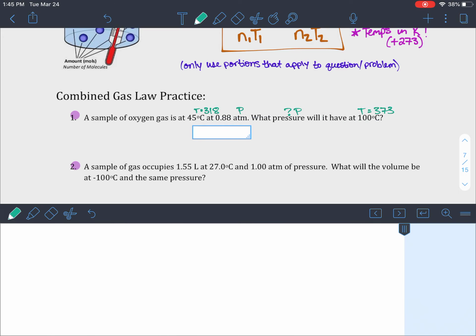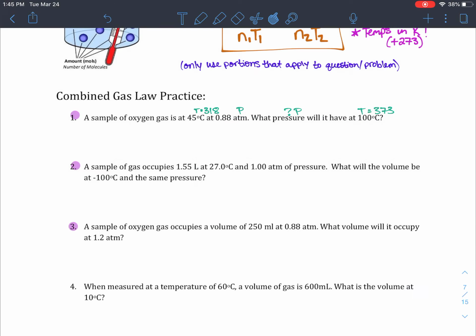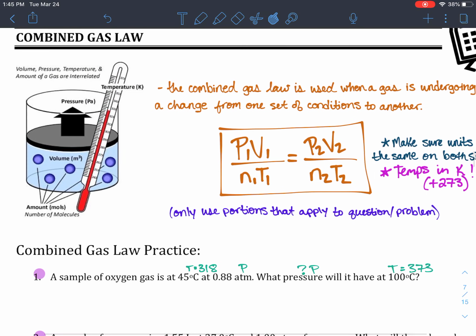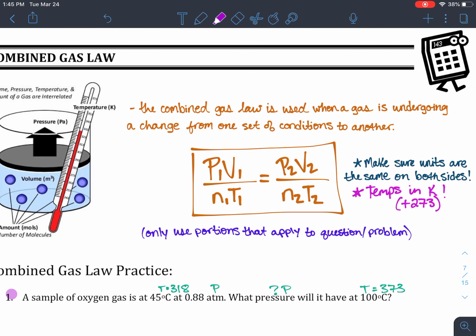Now, if you take a look, we only have a question that is asking about pressure and temperature. So when we decide what formula we're going to use, we just want the formula that involves pressures and temperatures. So here we have a pressure, here we have a pressure, here we have a temperature, here we have a temperature.